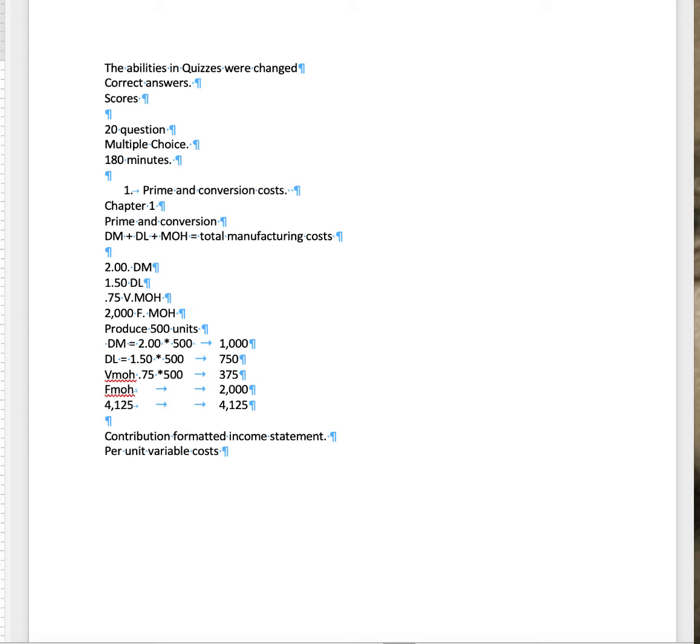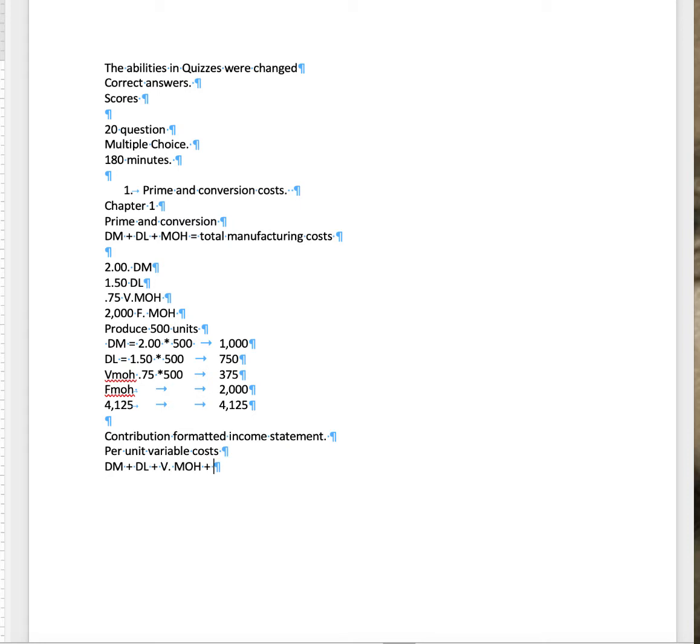So if they ask for the per unit variable cost of a unit, here's what this includes. Direct material, because it's variable, plus direct labor, because it's variable. Only the variable portion of manufacturing overhead, not the fixed. Because remember, the contribution formatted income statement segregates, okay? So we're only going to include the variable MOH as part of our variable cost.